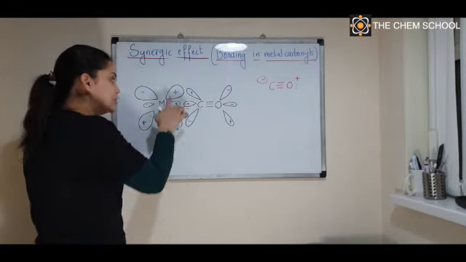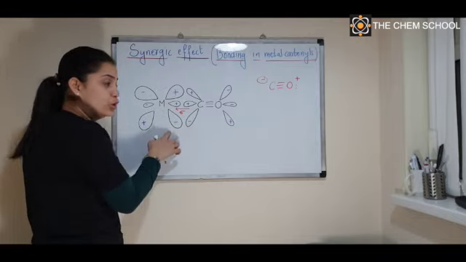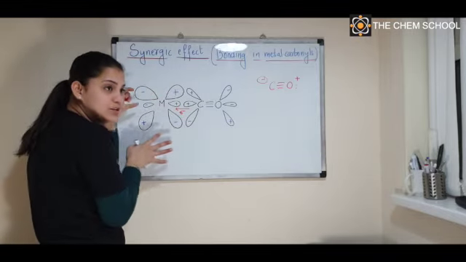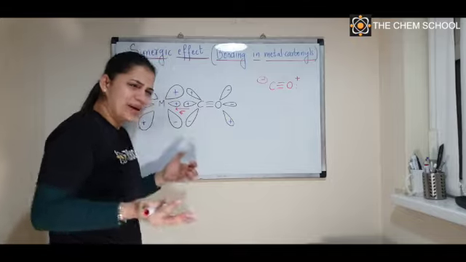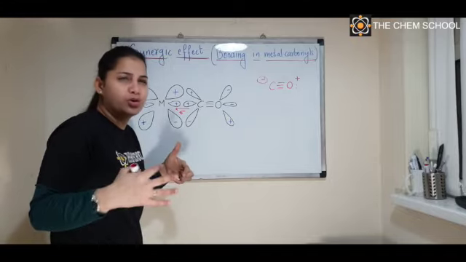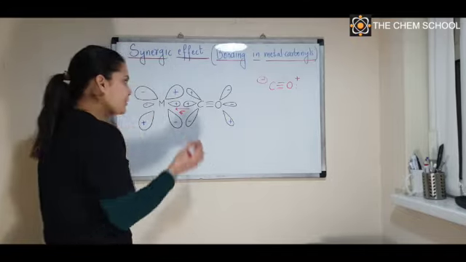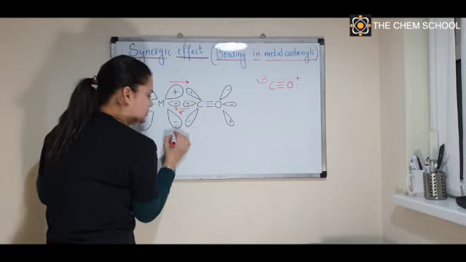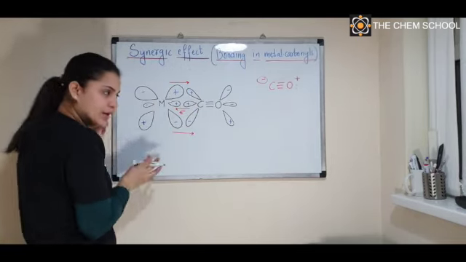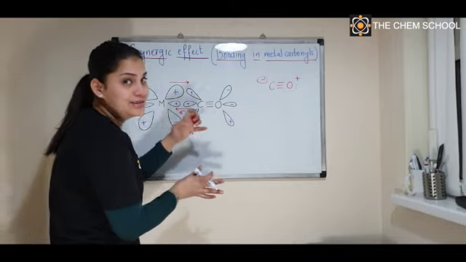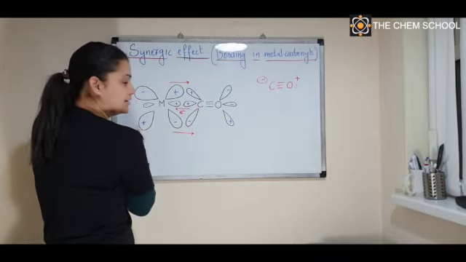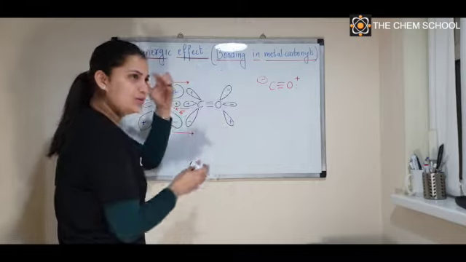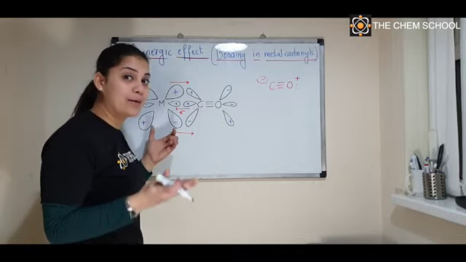So the metal is donating its electron to the empty orbital of the carbon. It is pushing it back. Why? Because it already has a lot of electrons, and it also wants to get rid of some of them. So when the metal pushes the electron towards the carbon, the electron is going in the opposite direction. One is giving electron and the other is returning the electron back. So you can think about the concept of back bonding.